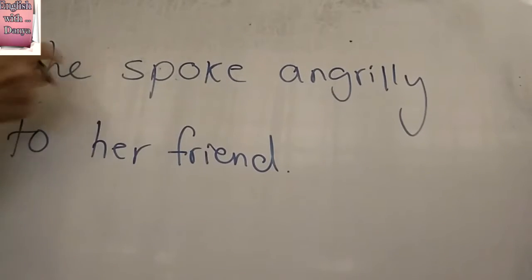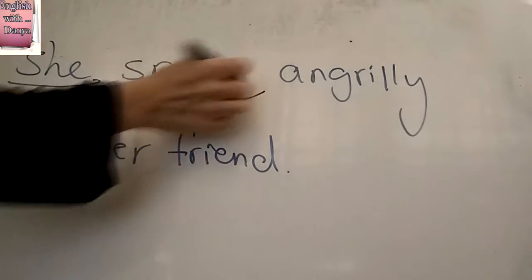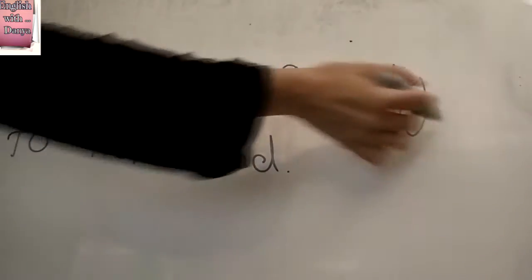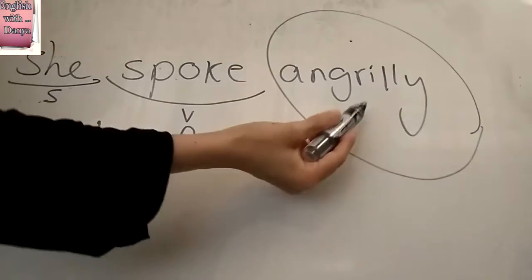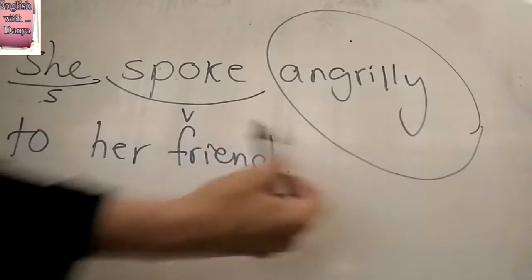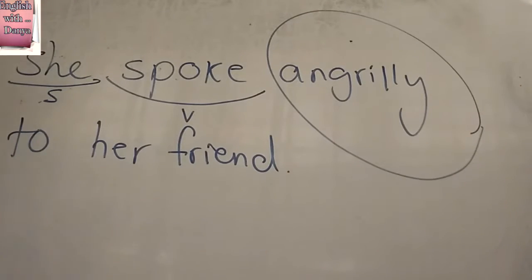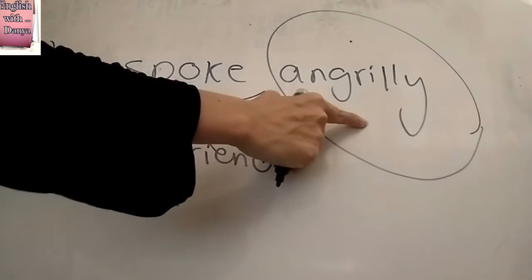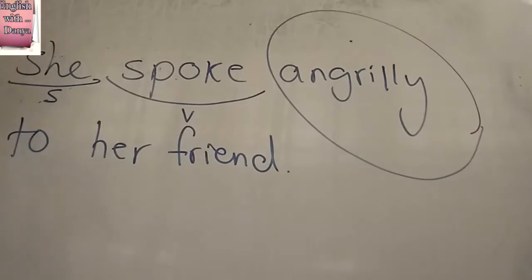She is the subject, spoke is the verb, angrily we have ly. So ly is adverb of manner because it tells how she spoke. Did she speak nicely or did she speak angrily? So she speaks angrily. That means she was very angry.